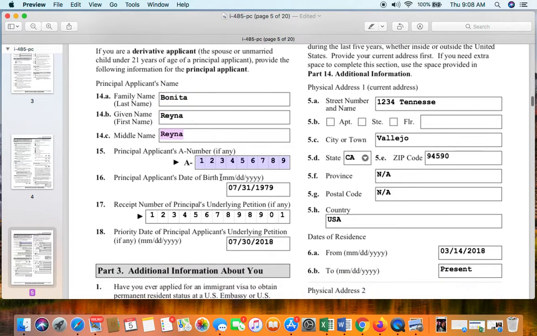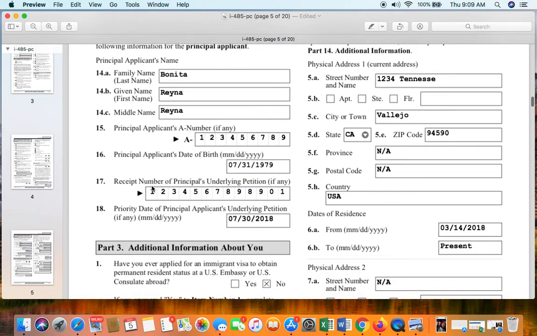My principal applicant number, I'm going to put it right here because this is applicable for me. Principal applicant's date of birth, then you have to put your date of birth. Like my birthday is July 31, 1979.